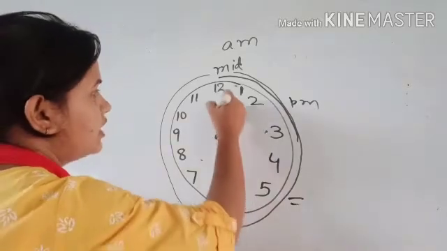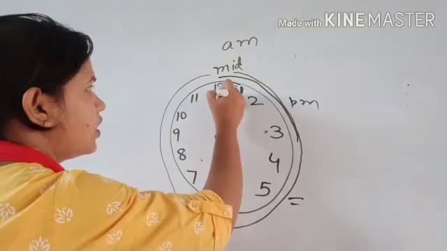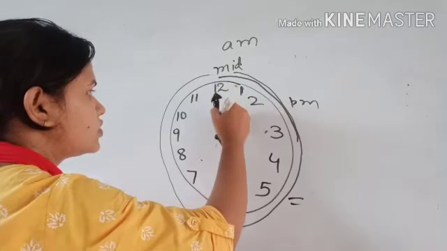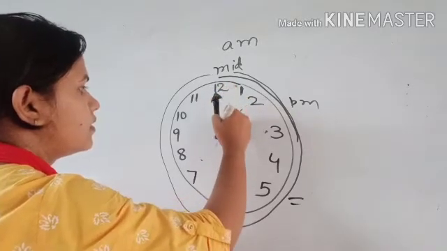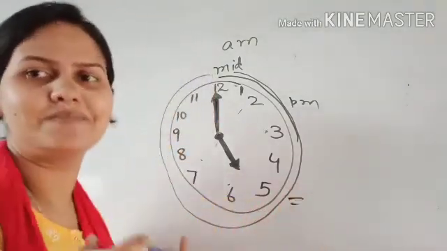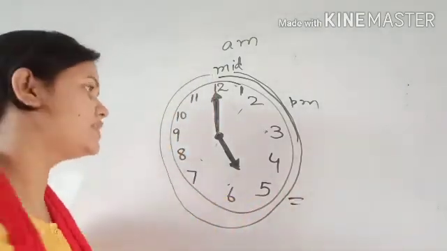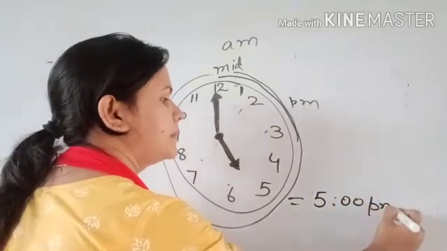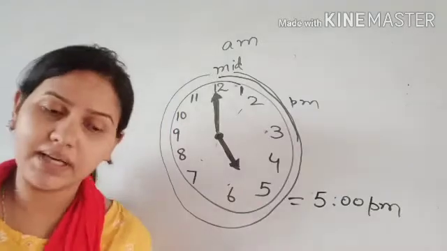This one is short and this one is long. My drawing is not as good as yours, but I can take an example for you. You can see this one is 5 PM. Hope you got it, everybody.